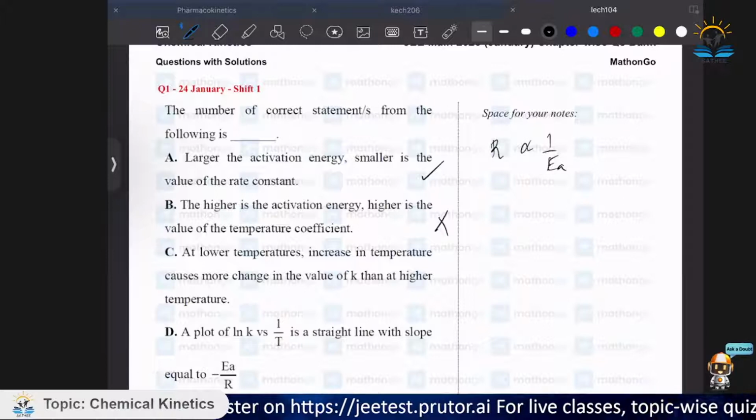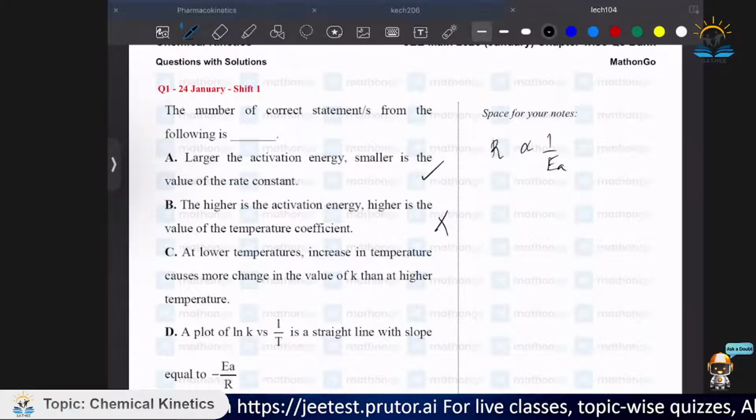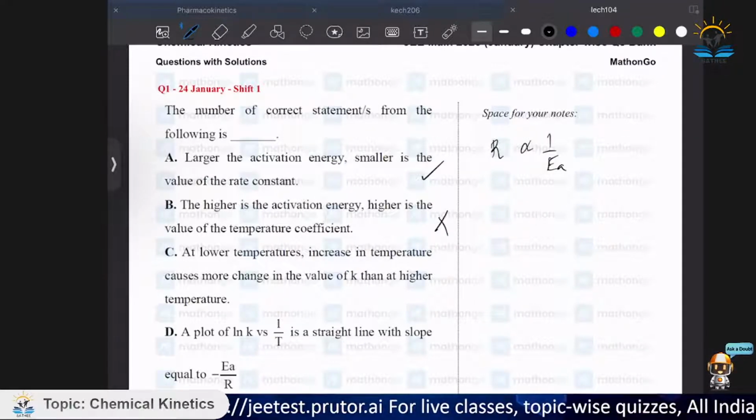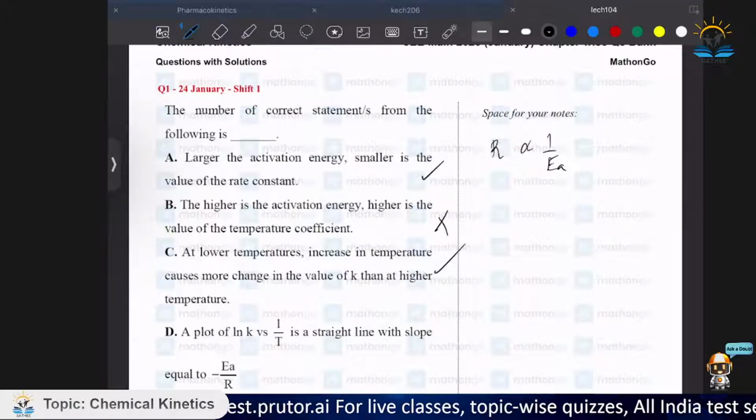At lower temperature, increase in temperature causes more change in value of rate constant than at high temperature. This is completely true.